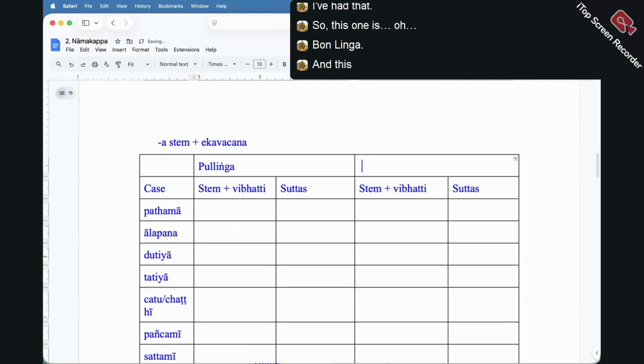And this column is Nabosaka Linga, neuter gender.